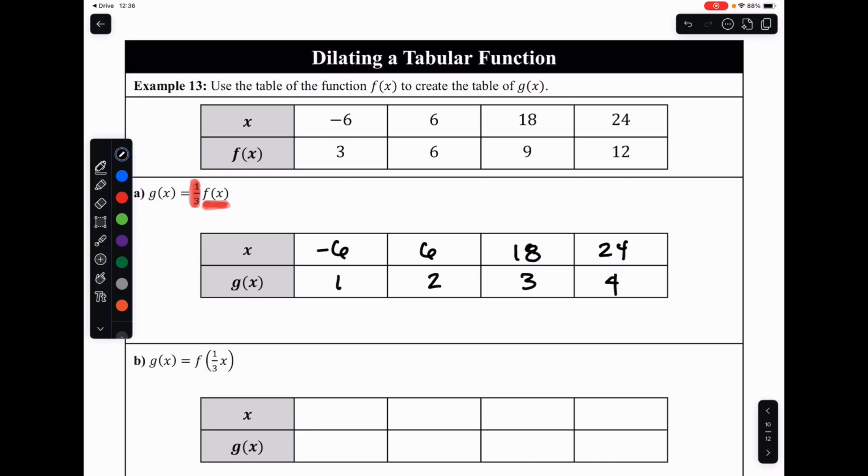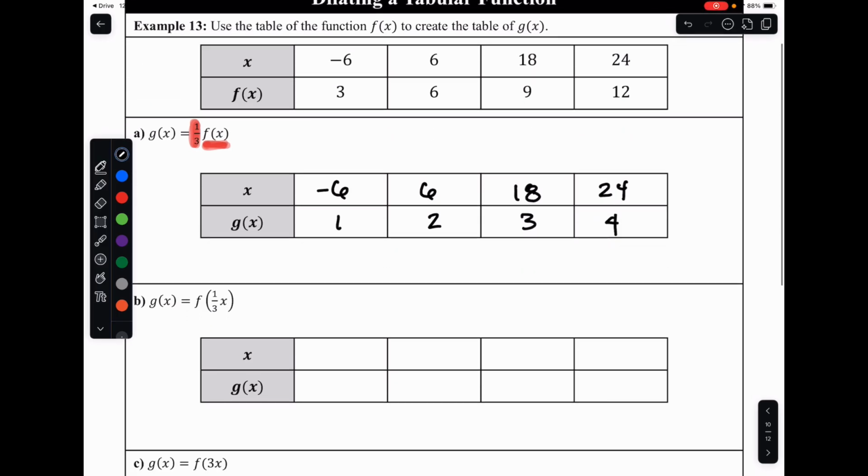Let's now look at the second example. For the second example, that 1/3 is now on the inside. So that is going to affect the x coordinates. But instead of multiplying the x coordinates by 1/3 like we did with the previous table on the y values, we're going to divide the x coordinates by 1/3.